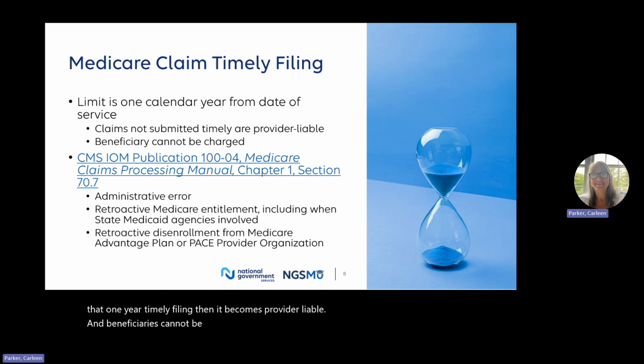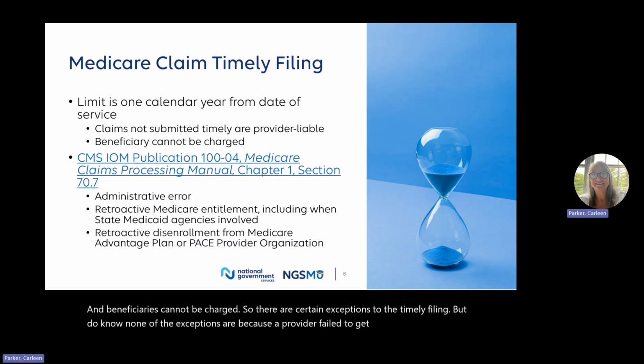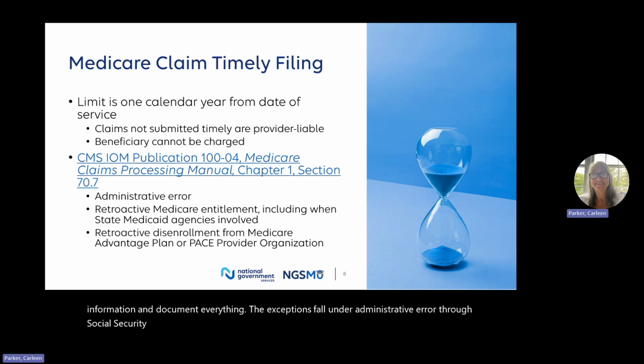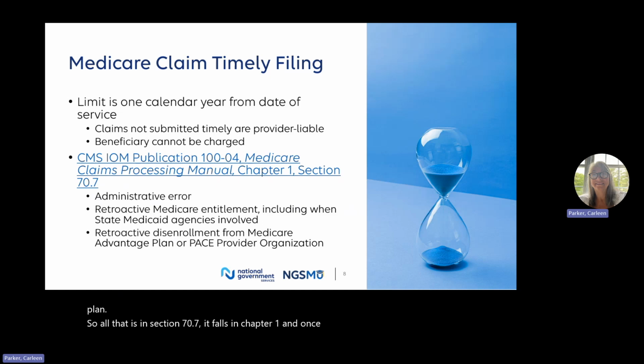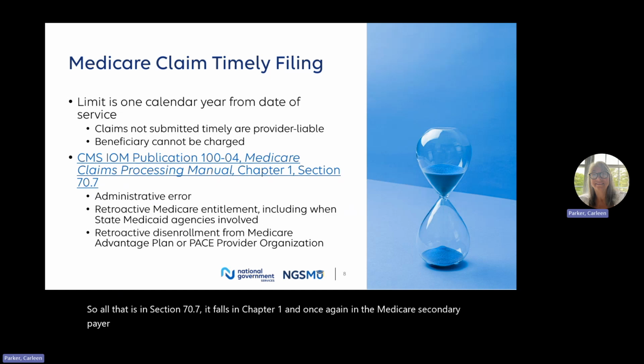There are certain exceptions to timely filing, but do note, none of the exceptions are because a provider failed to get the primary insurance information and document everything. The exceptions fall under administrative error through Social Security, Medicare, Medicaid, or retroactive entitlement within the Medicare Advantage plans. All of that is in section 70.7, in chapter 1 of the Medicare Claims Processing Manual.